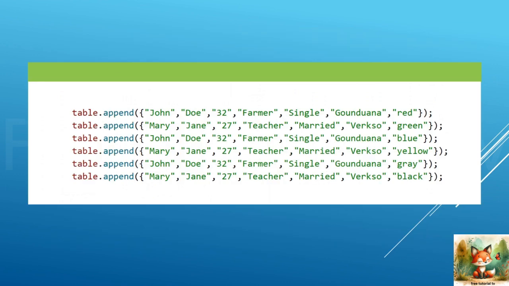And again, to make sense of this, let's go where we append things in the table. So the first thing we append here is going to be the first row. This is the second row. And please note that these things are going to be indexed from 0. So this is going to be 0, 1, 2, all the way to the end. And we are going to have however many rows we have added here. That's why we are calling the size method on table to get the number of rows in our table here.